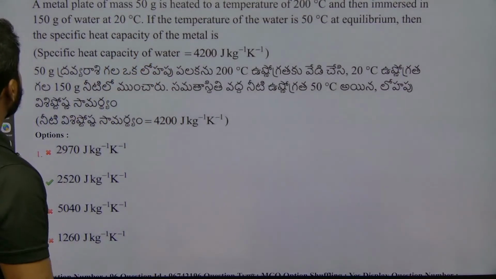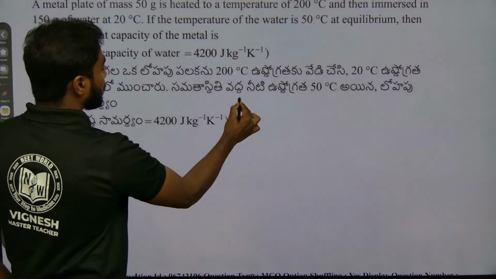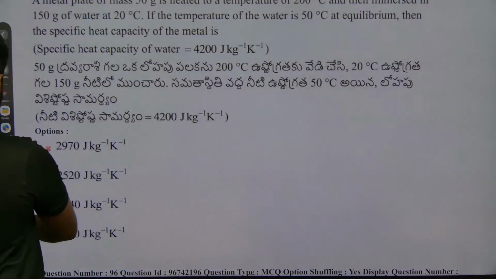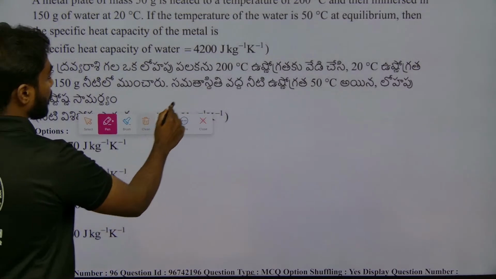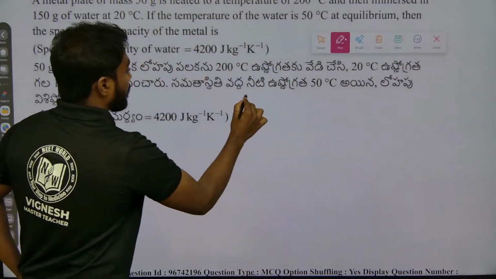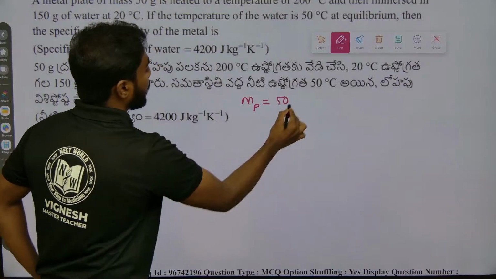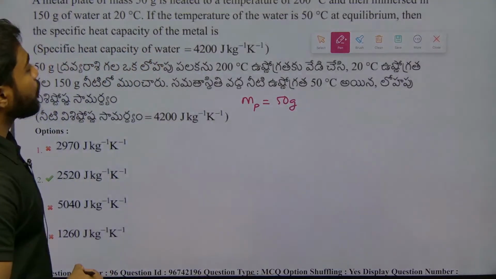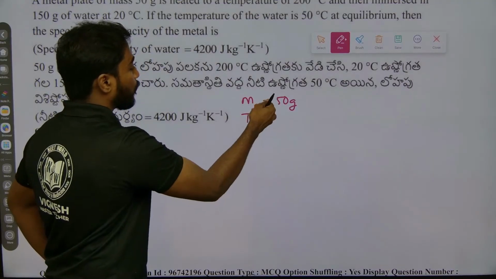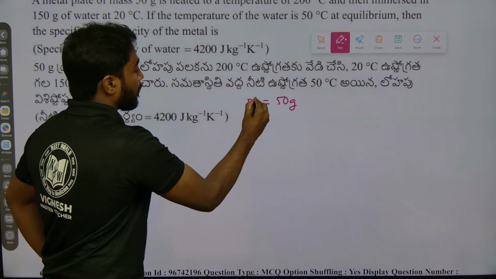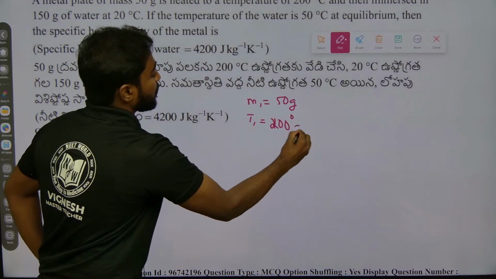A metal plate of mass 50 gram is heated. Okay, metal plate. I'll write first what are the given terms here. The mass is 50 gram, this is M1. Heated to a temperature T1 of 200 degree Celsius.